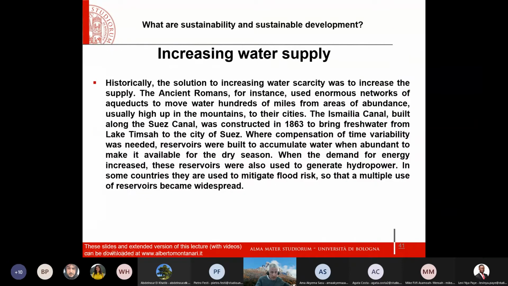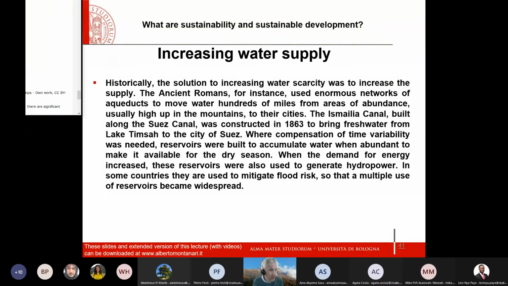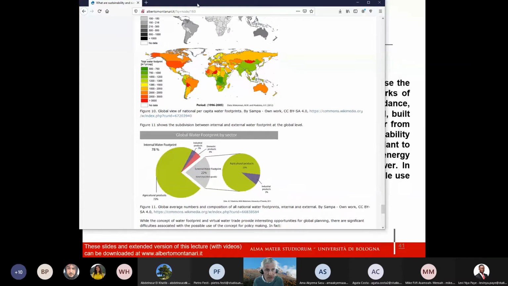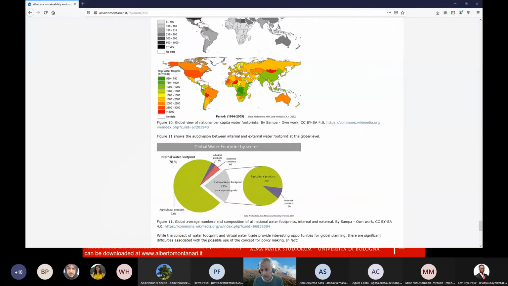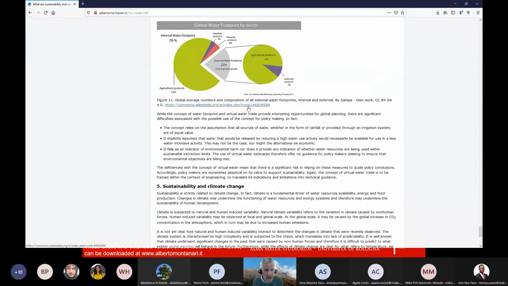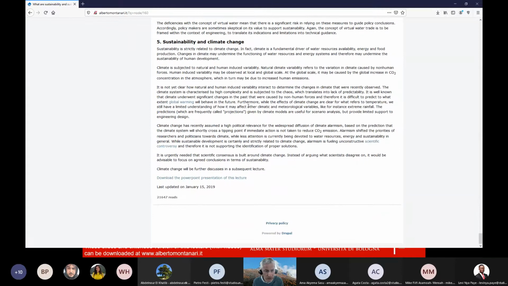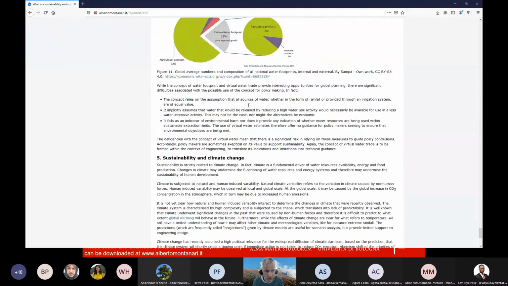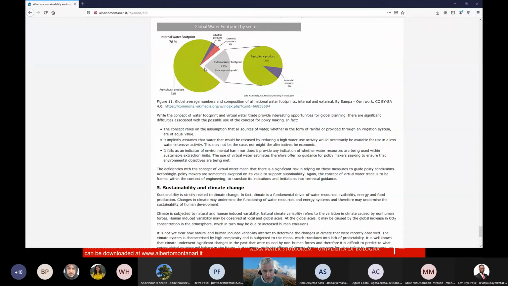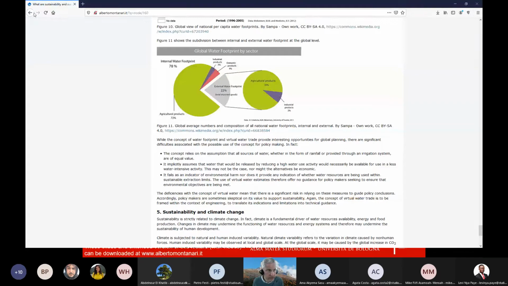Now, with this presentation, I already moved to the next lecture on my website. So let me pass back to my website. You see that the lecture we were talking about, sustainability in the 21st century, ended with this graph, which we already dealt with.